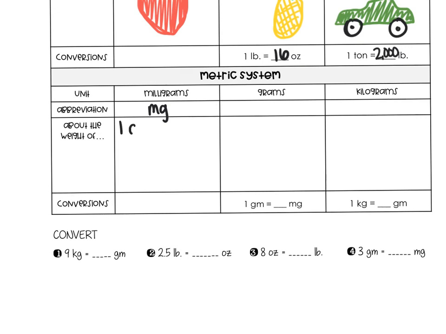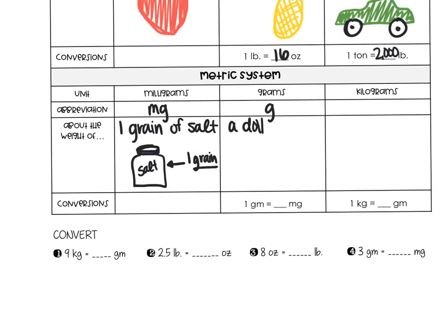It is like 1 grain of salt, not like a salt shaker, like a single grain. So tiny. There's not a lot of things you're going to use that measurement on since it's so small. Okay, grams, G. This is about the weight of a dollar bill.